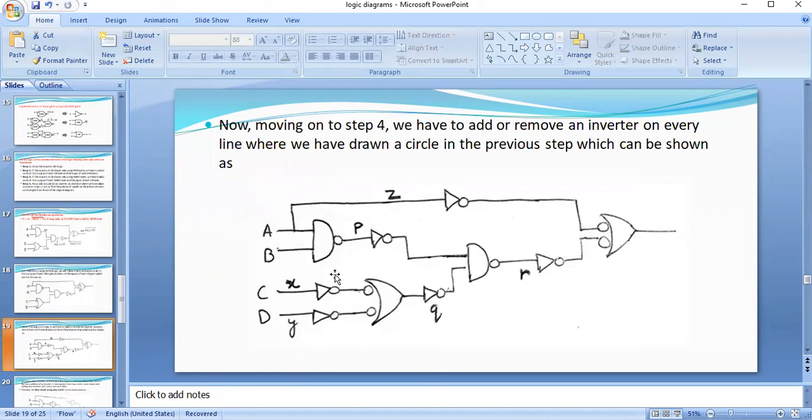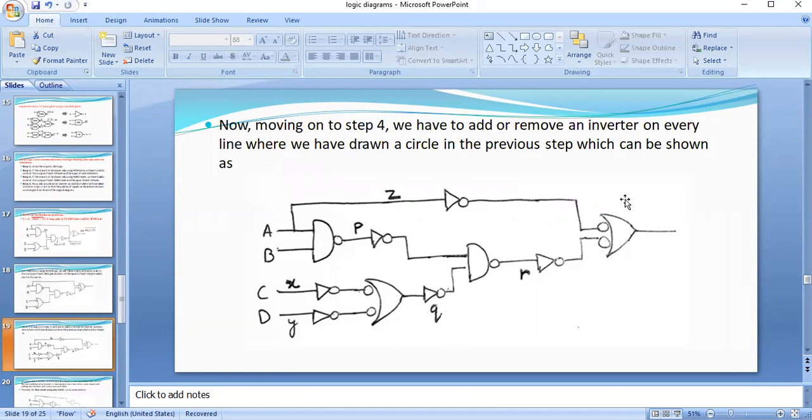After that, if we have any double inversions, we can cancel those double inversions. See here, we have C, D as input, so we can write C bar and D bar, or else, instead of inverters, we can use NAND gates. So here also we have to use a NAND gate, and here also.